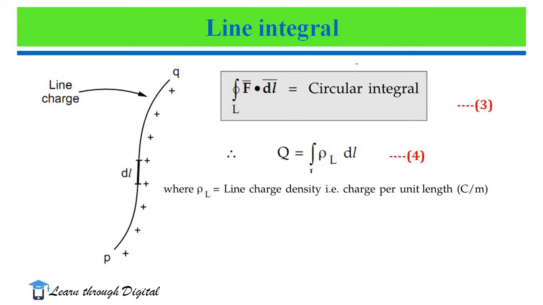The curved path can be of two types. One is an open path, P to R, as shown in the previous figure.